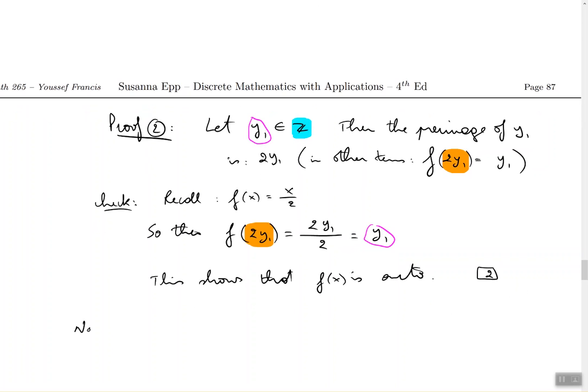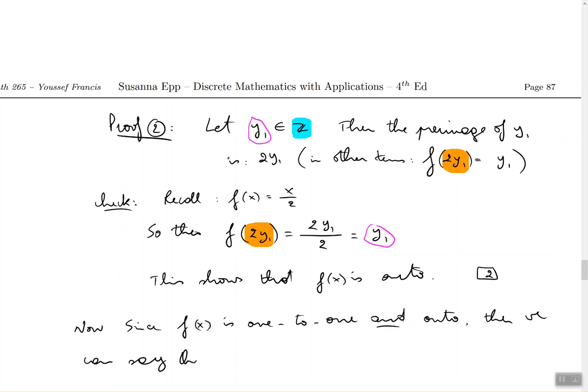Now, since the function f of x is 1 to 1, and also at the same time it is onto, then we can say that the function f of x is bijective. Or in other terms, we can say that the function is a 1-to-1 correspondence.